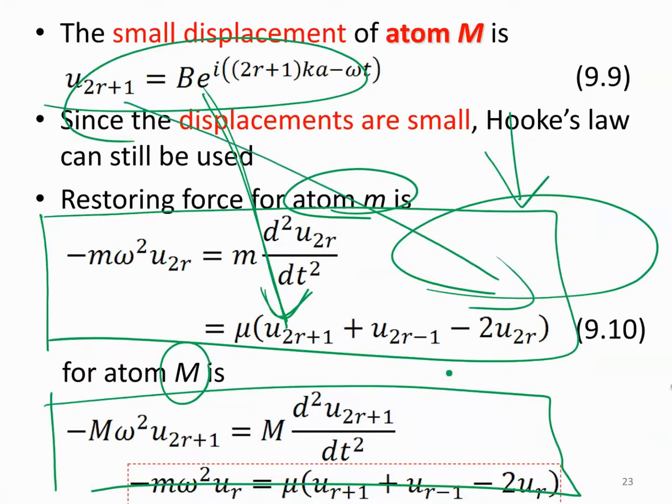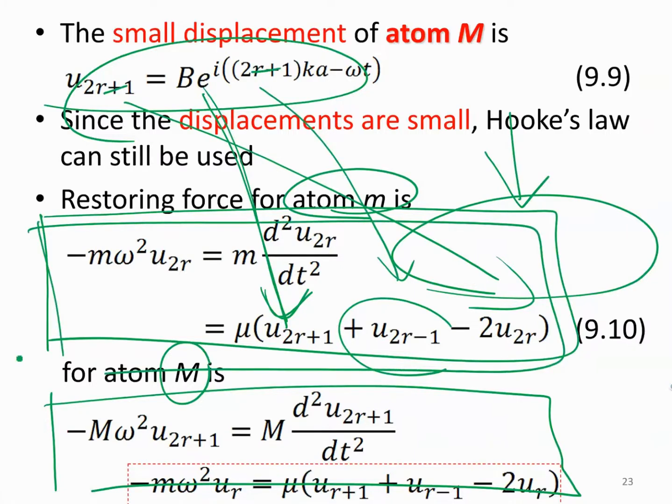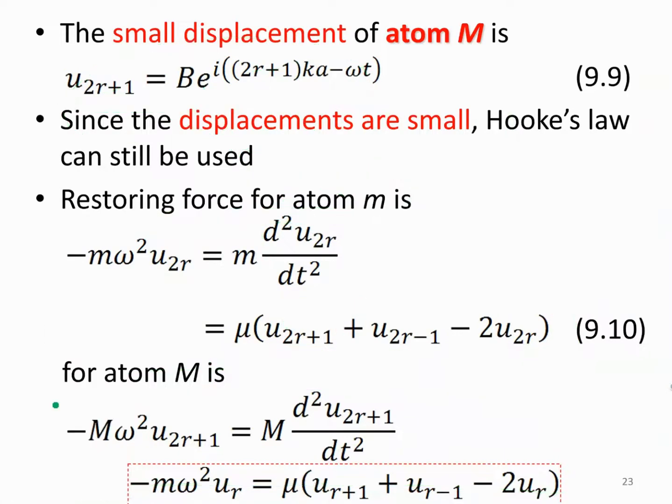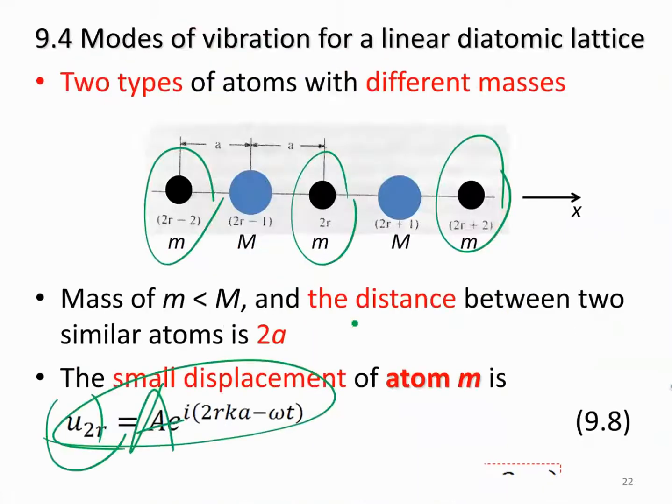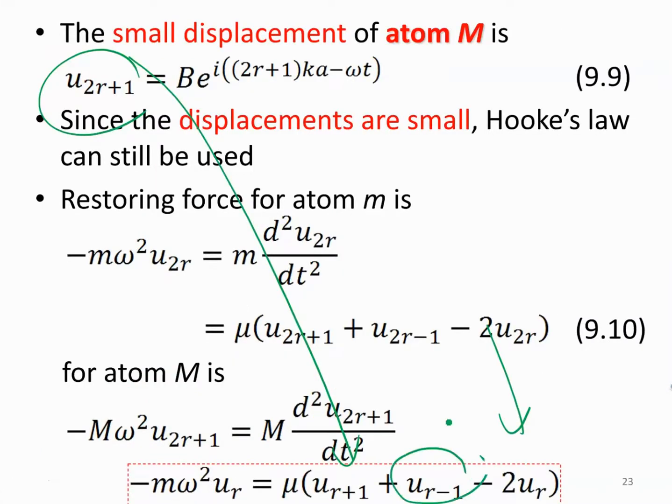And then 2r minus 1, you just change the sign and substitute to here. Then just solve equation 9.8. Then the same thing applies to this equation. You apply 2r minus 1, 2r plus 1 into here, then 2r into here, and then r minus 1 here.